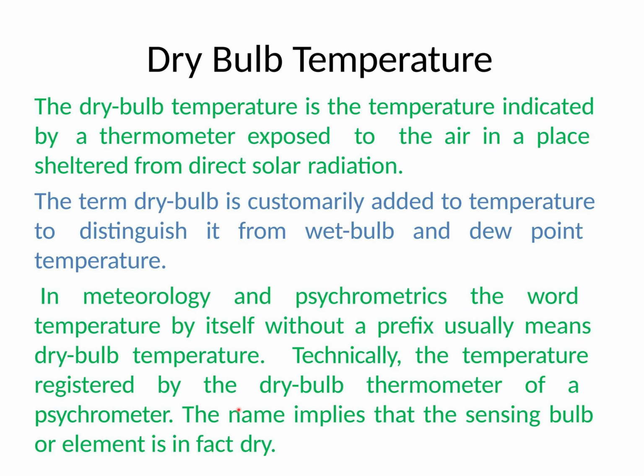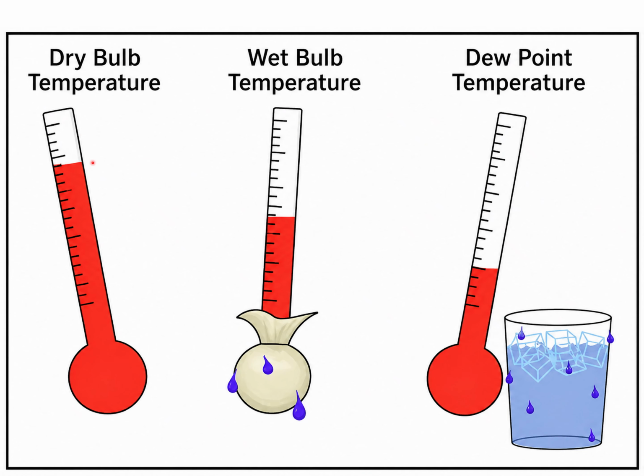Technically, it is the temperature registered by the dry bulb thermometer of a psychrometer; the name implies that the sensing bulb or element is in fact dry. So we can say this is the dry bulb temperature measurement with the thermometer. Whenever we enclose this with a wet cloth, then it is wet bulb temperature. And this is dew point temperature. Dew forms when we have a glass of ice water.